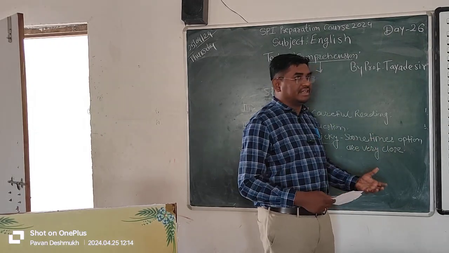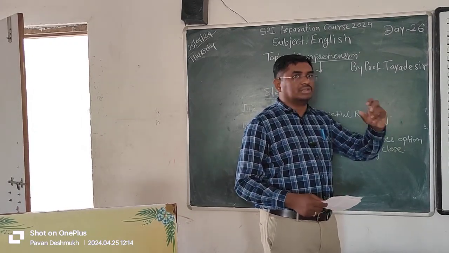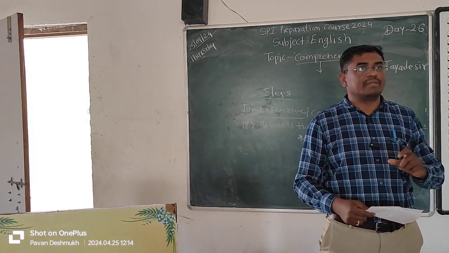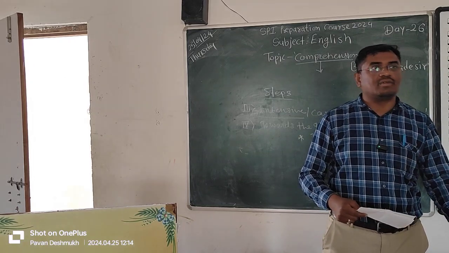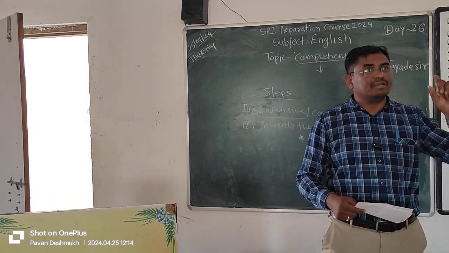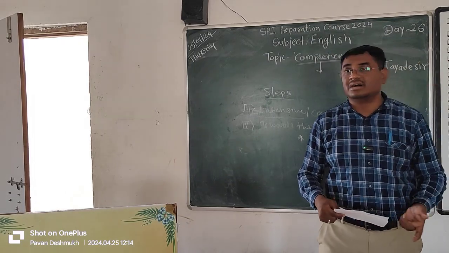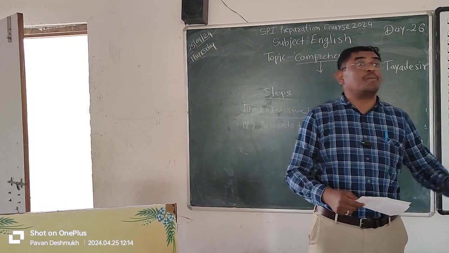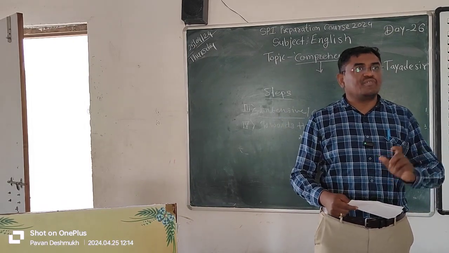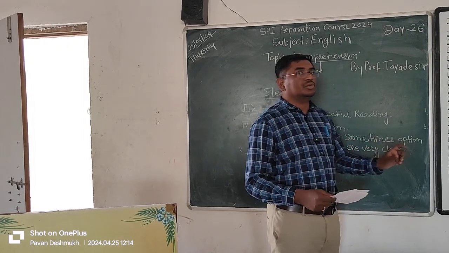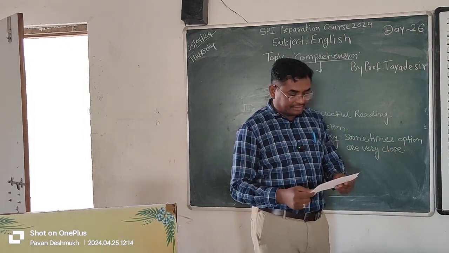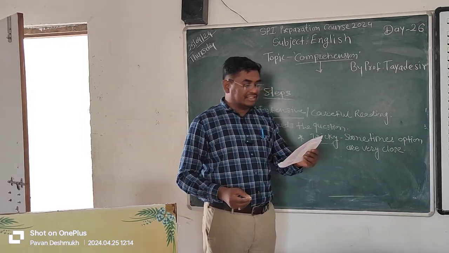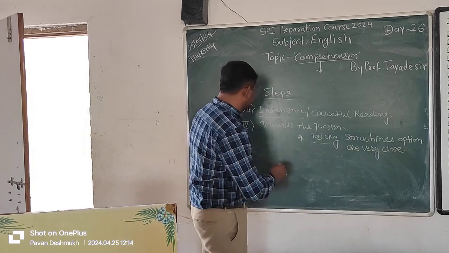That's why do one thing. You have to focus on the given word, like the vocabulary. You have to try to get the meaning of that word, where it is in the sentence. What is the closest word to that word? What is the closest opposite word to that word? Try to find it out, and then try to solve it. Next, analyze the questions and read the options carefully before answering.